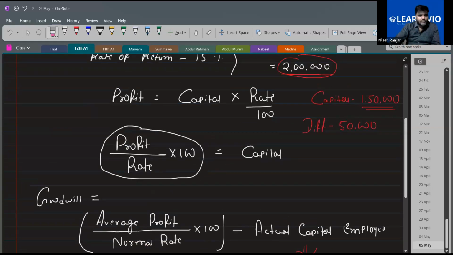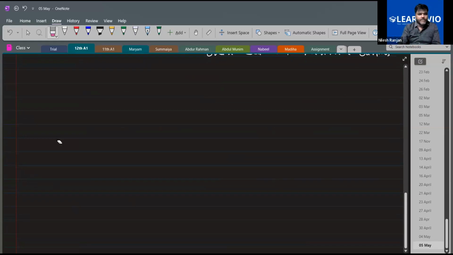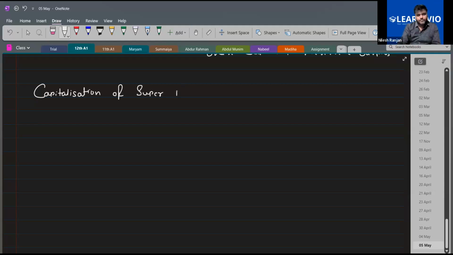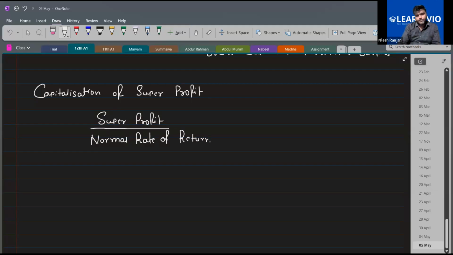Okay, this is the capitalization of average profit. When we calculate capitalization of super profit, it is super profit divided by normal rate of return into 100. Capitalization of super profit equals super profit divided by normal rate of return.